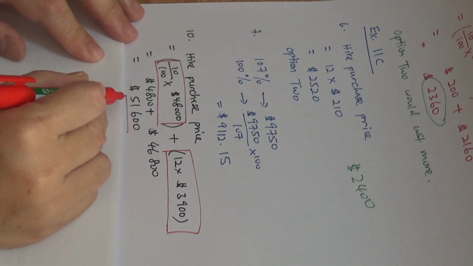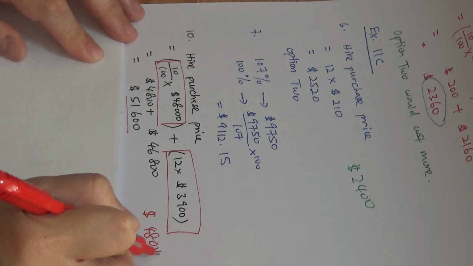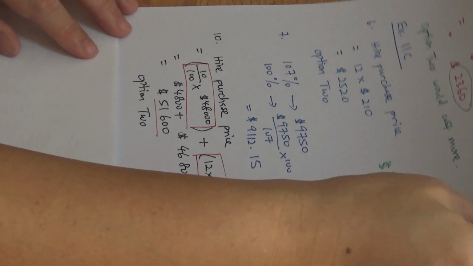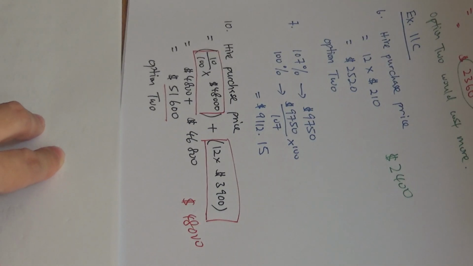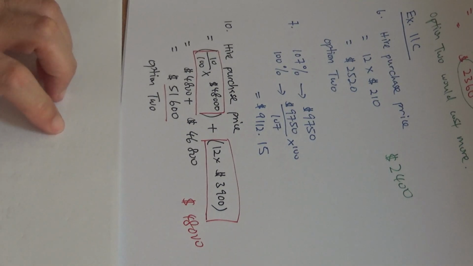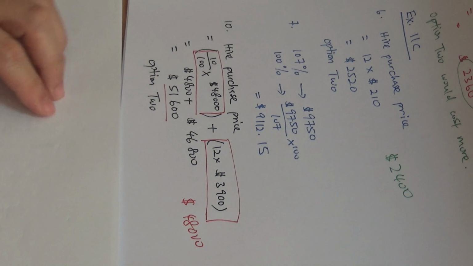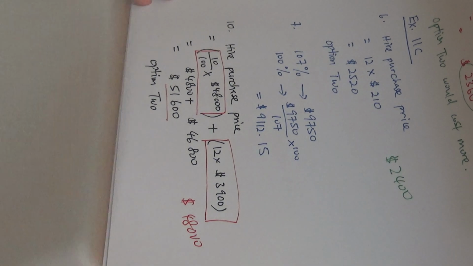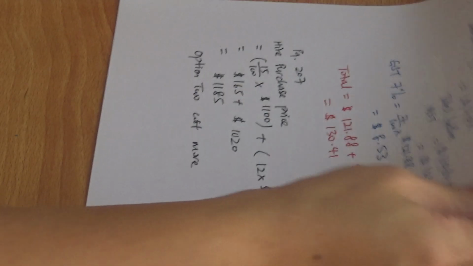Now, if you compare 51,600 to the option 1, 48,000, you realize that option 2 actually costs more. Okay, so this is the section for exercise 11C.